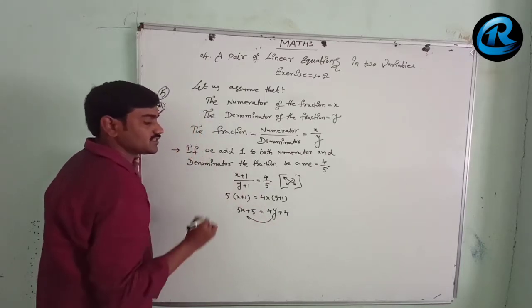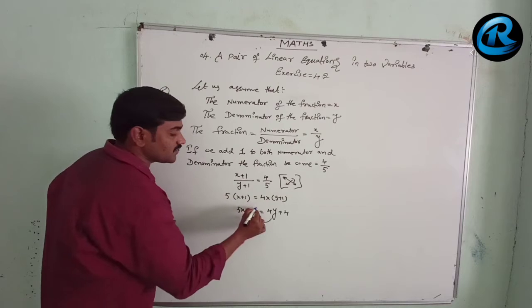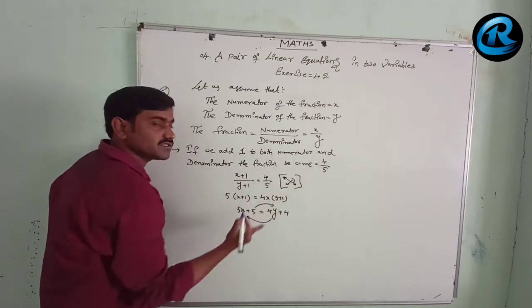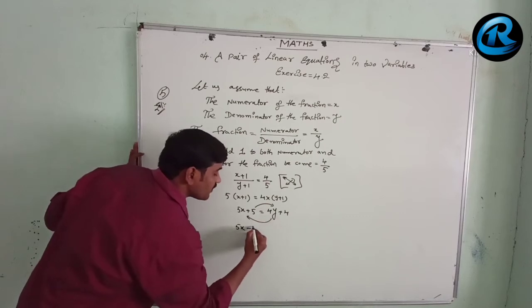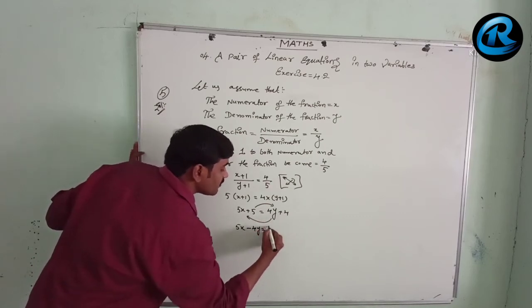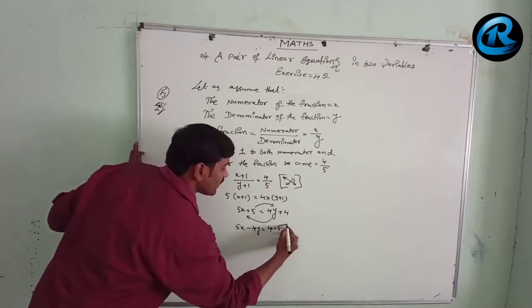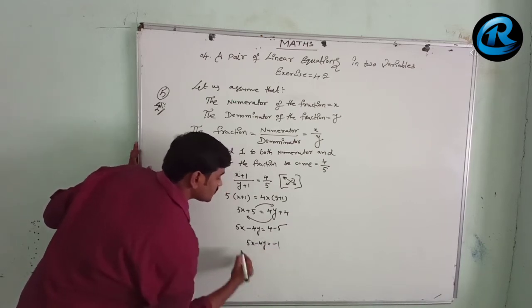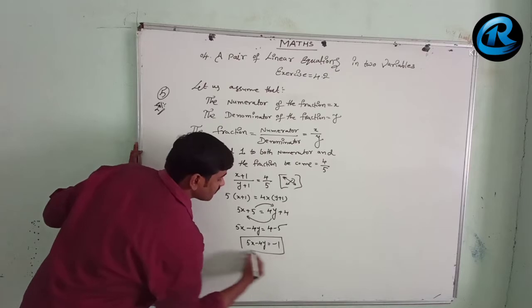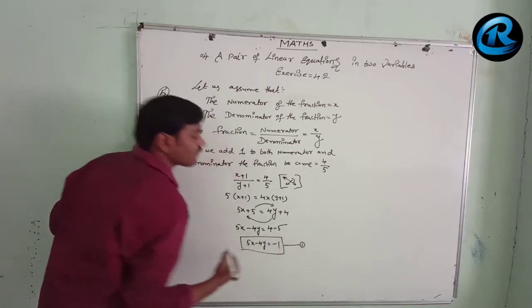So the variables we will bring to one side and constant numbers we will send to the other side. Here 4y becomes minus 4y, here plus 4 becomes minus 5. So 5x minus 4y equal to minus 1. It is equation number 1.